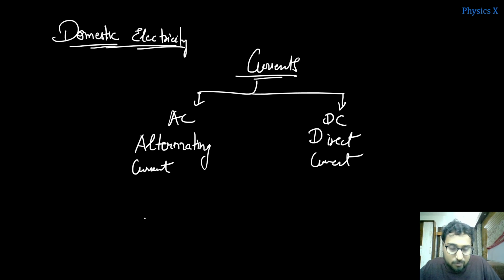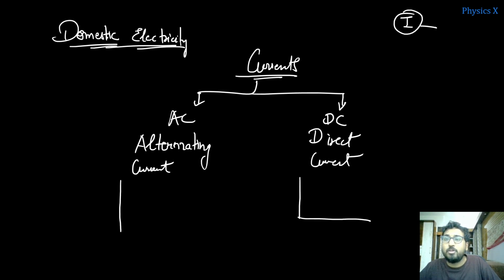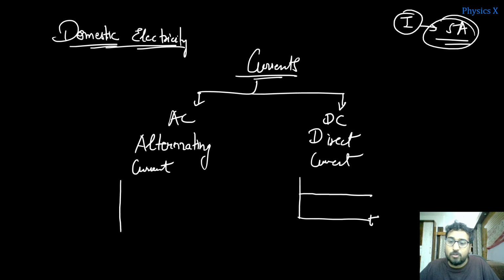The difference between these two is that for direct current, suppose I draw the graph of current like this, taking one value of current. Suppose I is 5 amperes, so it is 5 amperes at every time. That is a straight line, where this is the time axis and this is the current. Suppose the voltage I am applying is 10 volts.